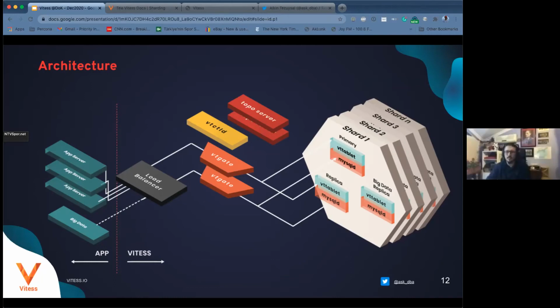Yes, we can say that. That's why it is designed that way. The design of Vitess came in a similar time frame, and it was in the mindset of Kubernetes.